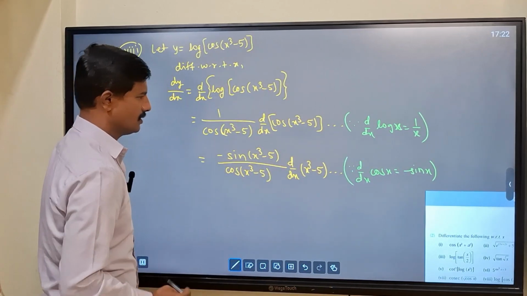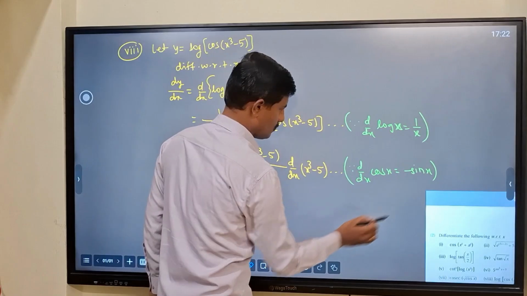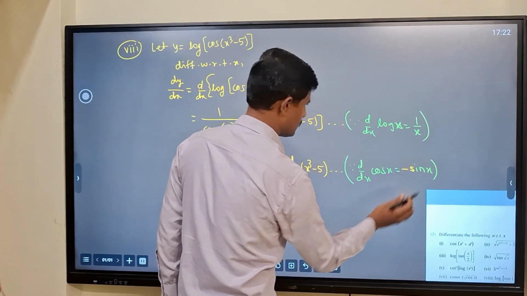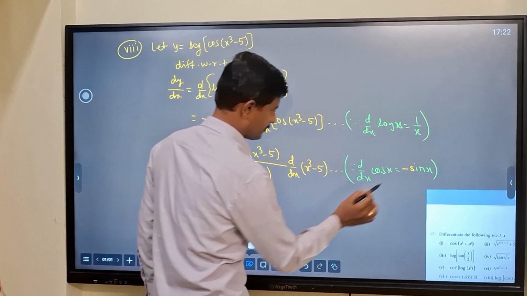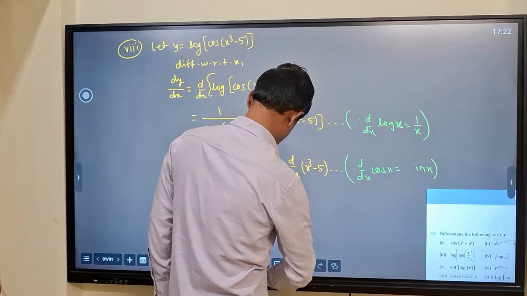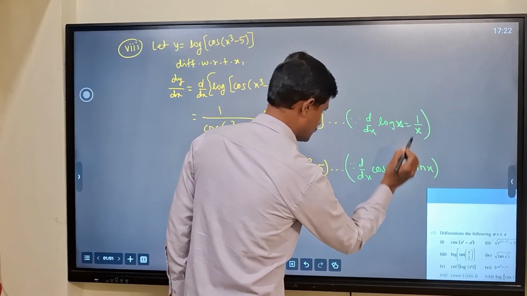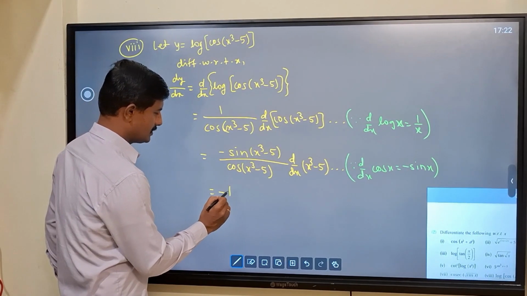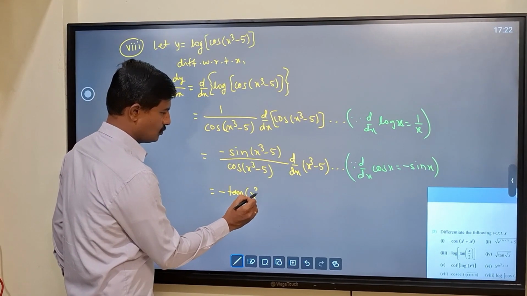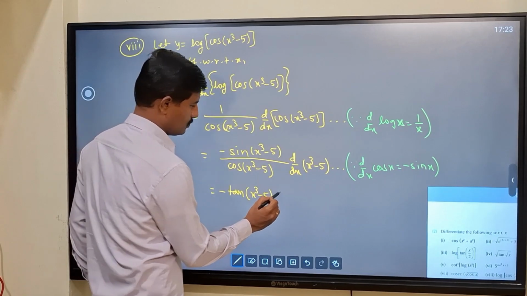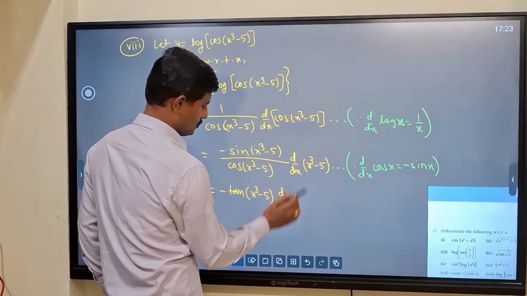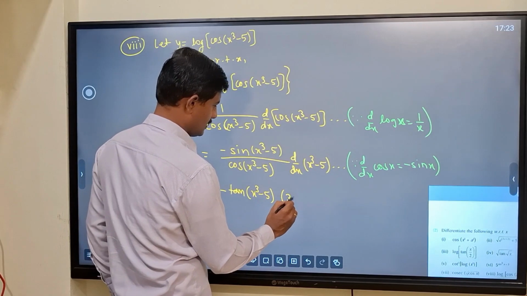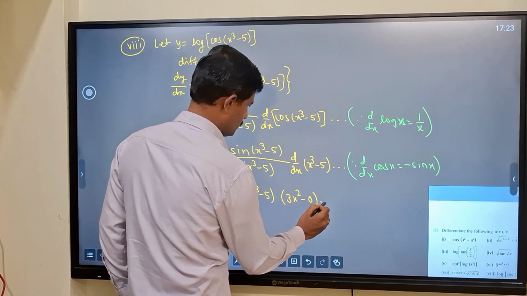Okay, now this will become minus tan x cube minus 5 into d/dx of x cube minus 5. Differentiation of x cube is 3x square and 5 is 0.